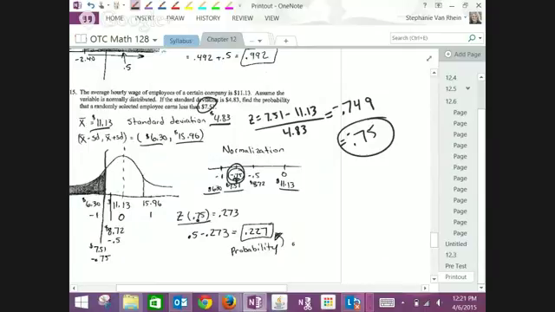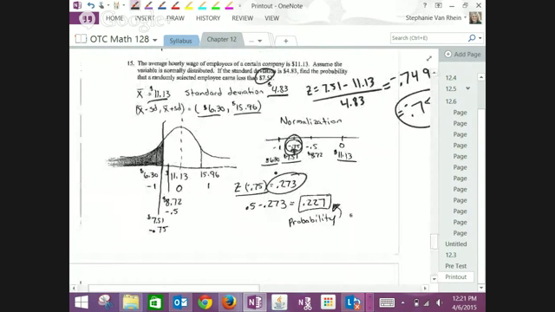So I'm looking at Z at minus 0.75, which is really the same as 0.75 in the table. And I get this number. This is my area, and really that area is this shaded region from the table. So if I want to find the probability of it being less than it, I want to find the blue area.